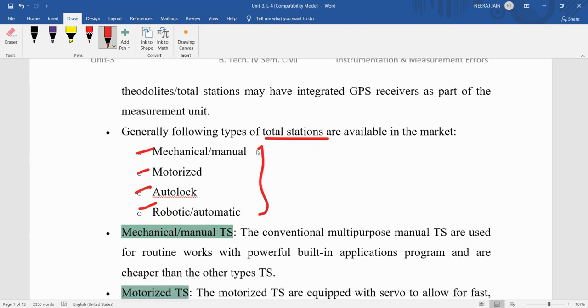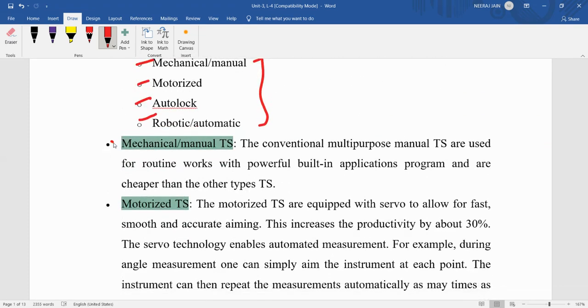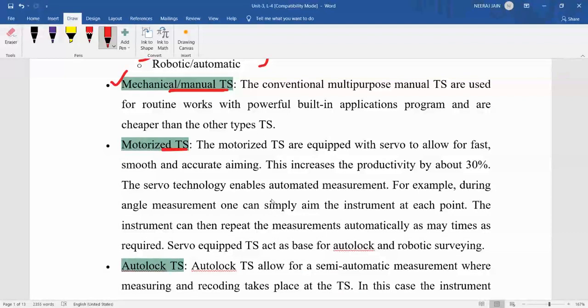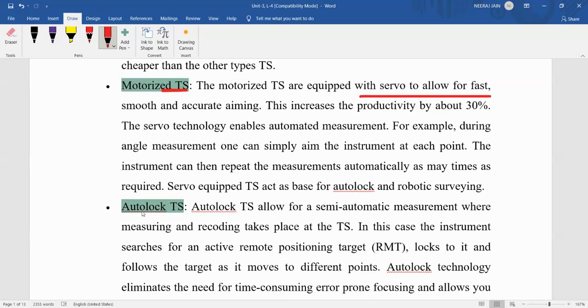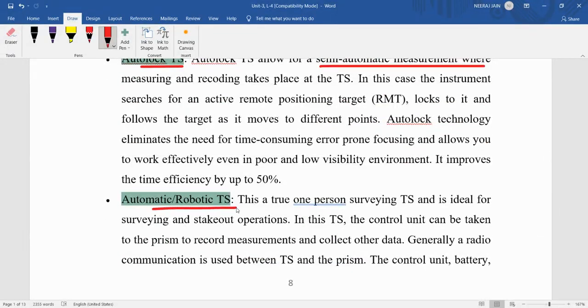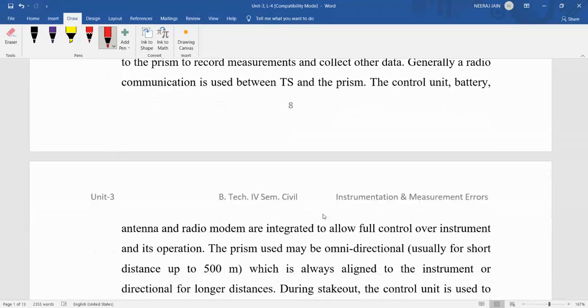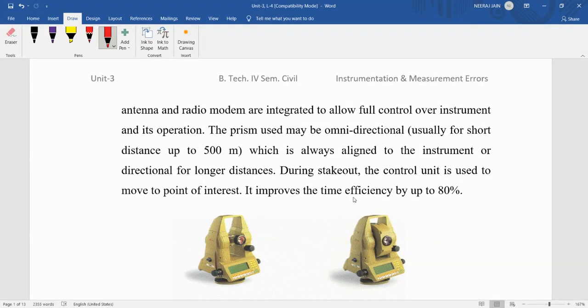Mechanical is manual operation, which we mostly do in the mechanical type of theodolite. In the case of the motorized TS, it is an automatic system where servo motors are used for doing the work. Auto lock TS is a semi-automatic measurement process. And the robotic TS is the automatic type of theodolite. They contain the control unit, battery, etc.